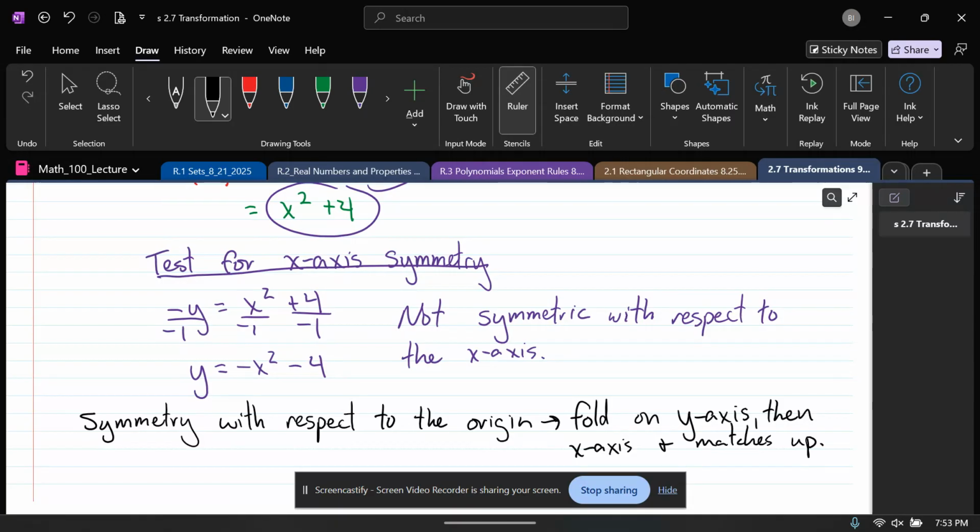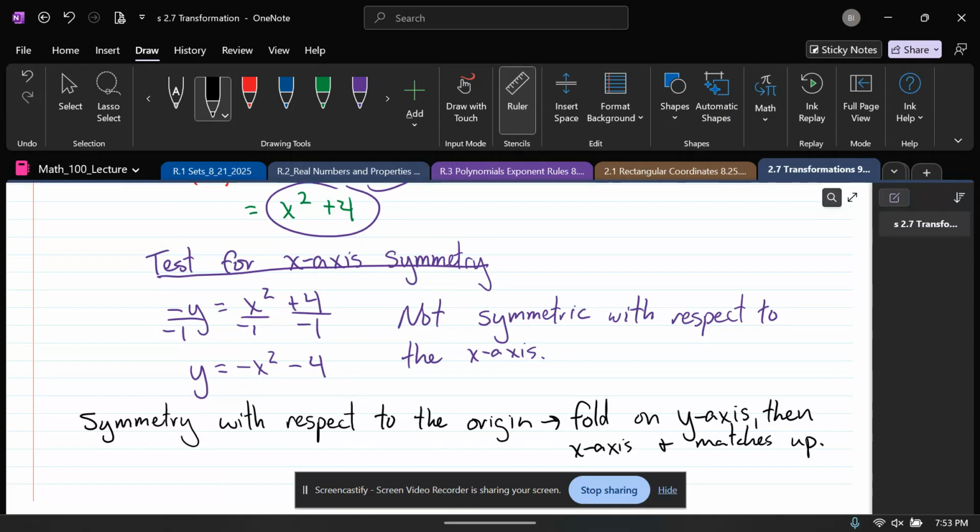Symmetry with respect to the origin isn't y-axis and x-axis. It's folded on the y-axis and then folded again on the x-axis, and it matches up. So you folks that are a little more artistic and visual learners can probably visualize that a little bit better than some of us other folks.